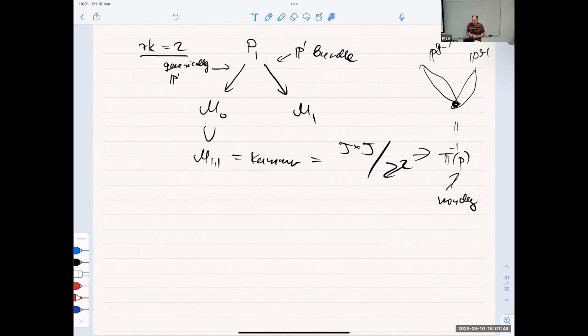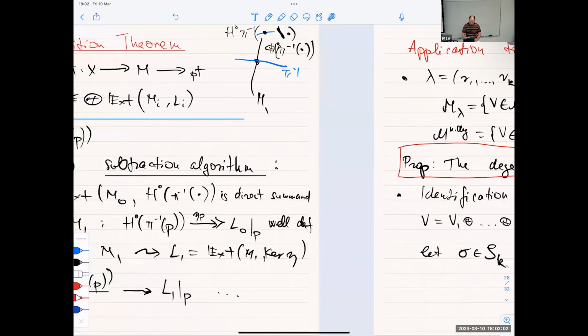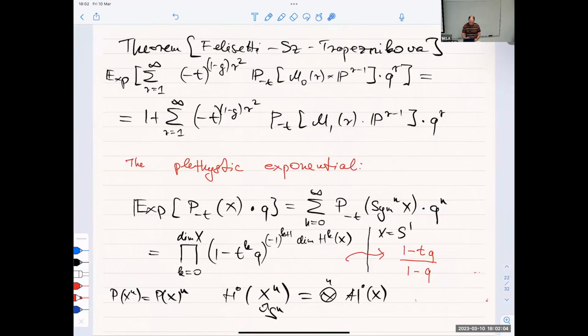Okay, and now if you look at our formula, maybe I'll just go back to the formula and try to find it. So let's look at this formula. At the very beginning, for this rank 2 case, you have almost the same thing.